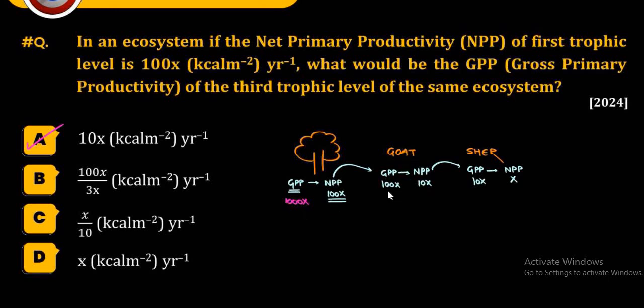Second trophic level: GPP 100x, NPP 10x. Third trophic level: GPP 10x, NPP x. Option A is correct, 10x kcal m^-2 yr^-1.